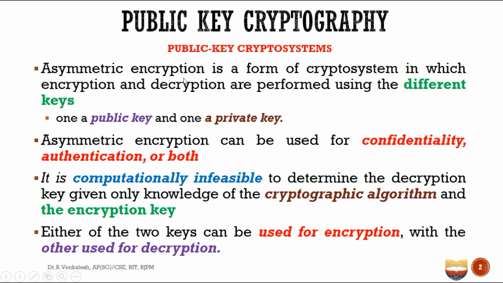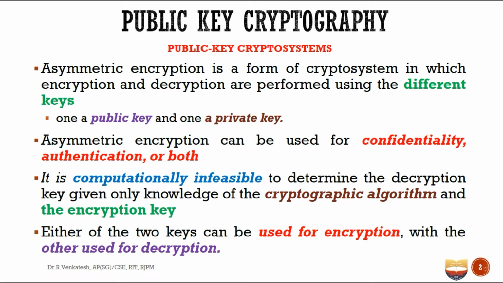But asymmetric encryption is a form of cryptosystem in which encryption and decryption are performed using different keys. Either the sender will encrypt with the private key or encrypt with the public key. Asymmetric encryption can be used for confidentiality, authentication, or sometimes both.